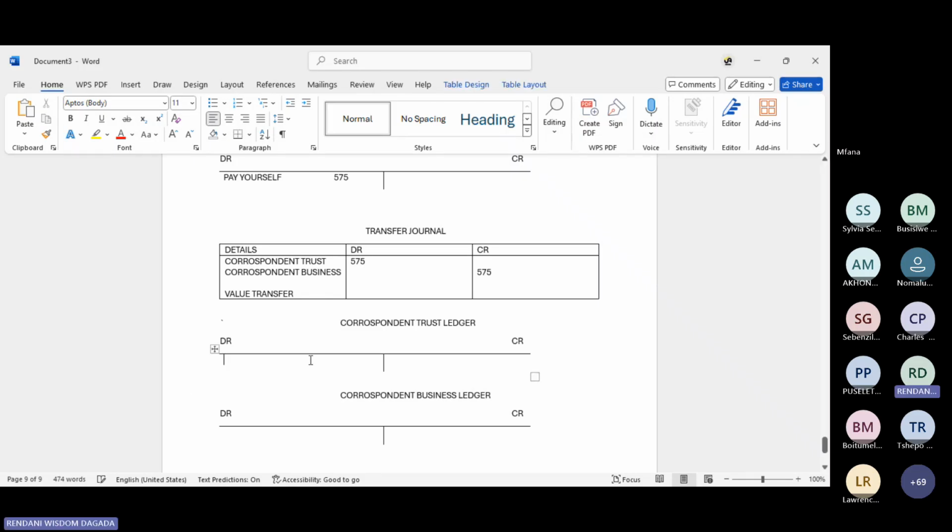And then value transfer on the trust here, value transfer 575, correspondent business, value transfer 575. Just like that, you're done with paying yourself.